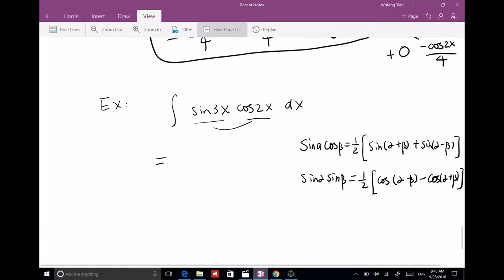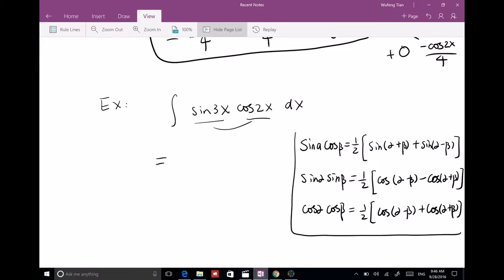Okay, and then cosine alpha cosine beta equals half of cosine alpha minus beta plus cosine alpha plus beta. Okay, these are the three formulas. My bad. These are the three formulas from trigonometry. Okay, and you can apply it to this problem here.